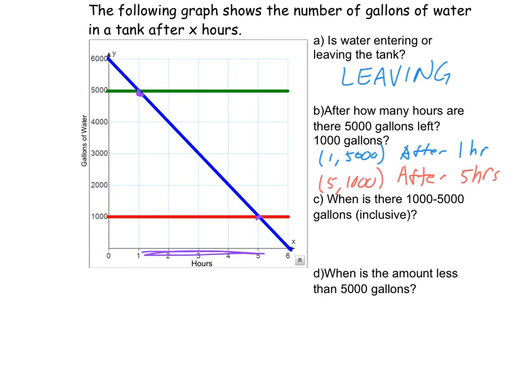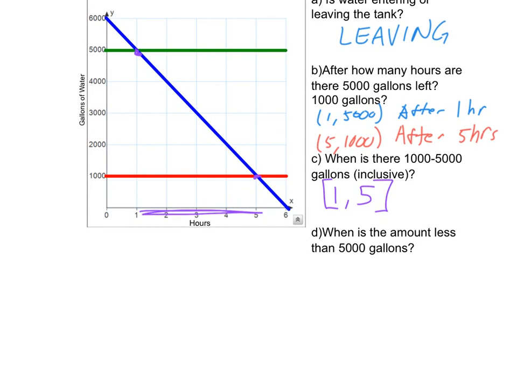So that's from 1 to 5, inclusive meaning brackets. If they wanted us to not do brackets, they might have said something like exclusive. But inclusive here. So between 1 hour and 5 hours, there's between 1,000 and 5,000 gallons. Again, brackets. And then last question here, when is the amount less than 5,000 gallons?